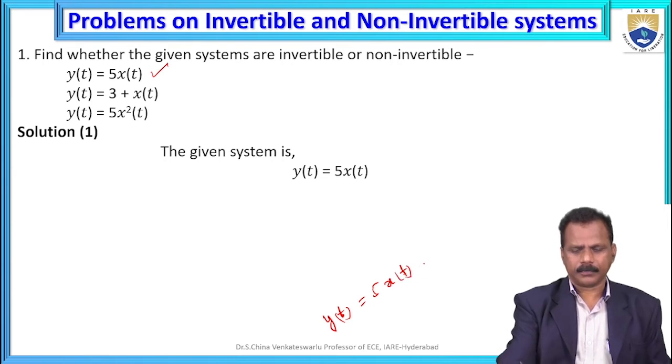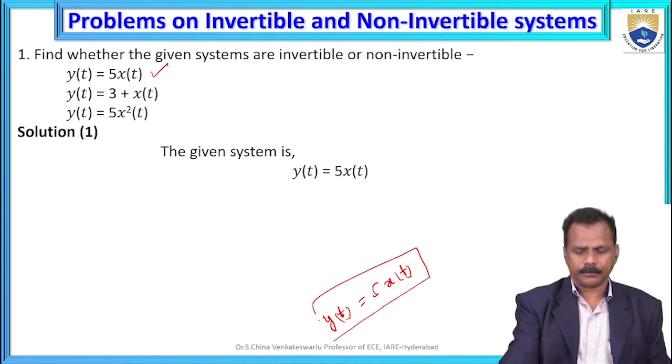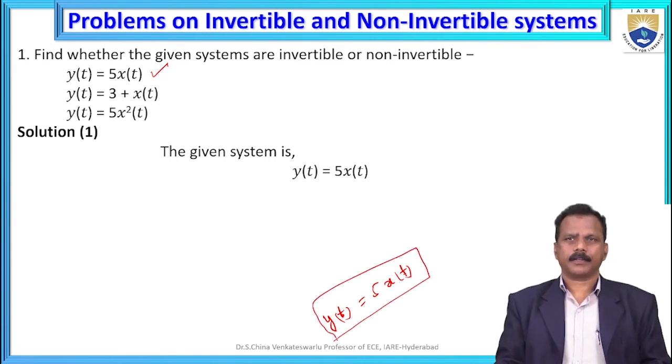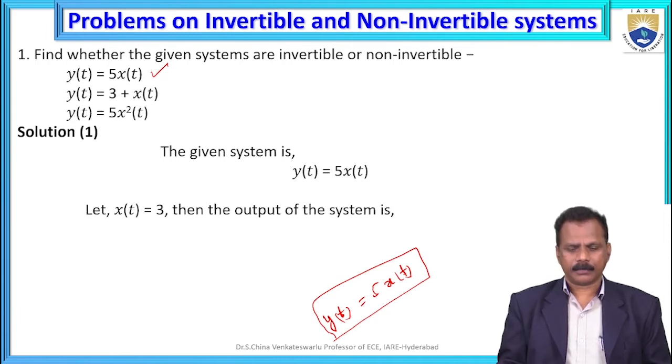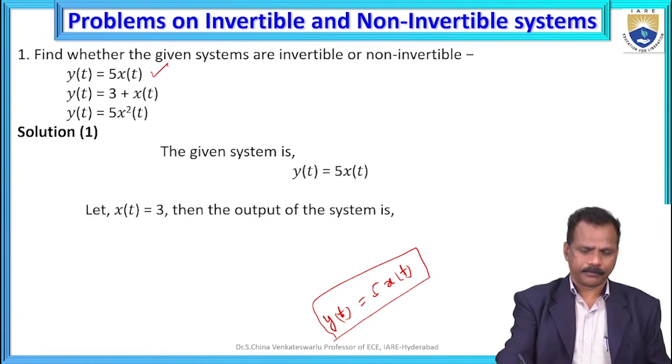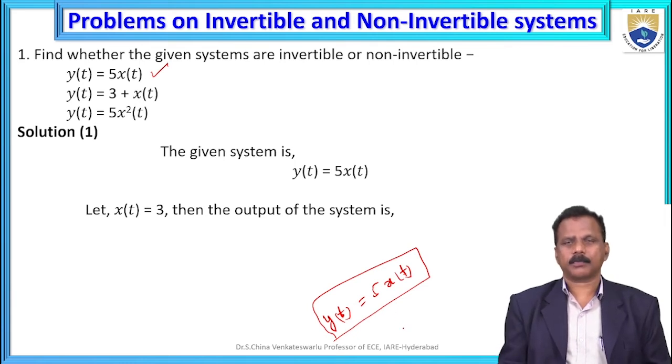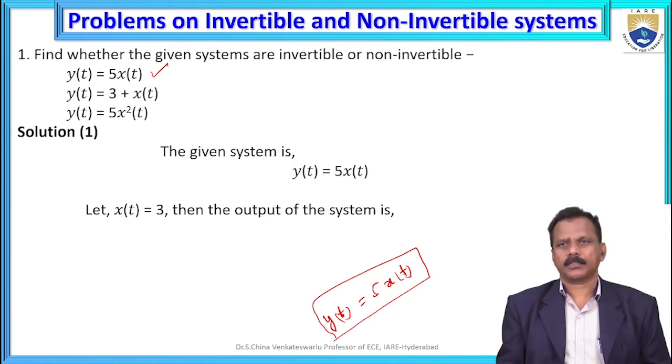Consider the same system. The given system is y of t is equal to 5x of t. So let x of t be equal to 3. Then I need to verify the output of the system.